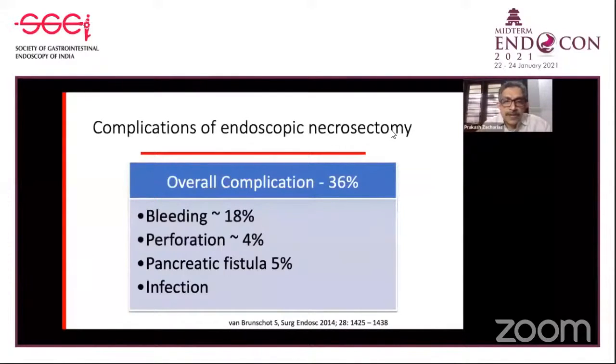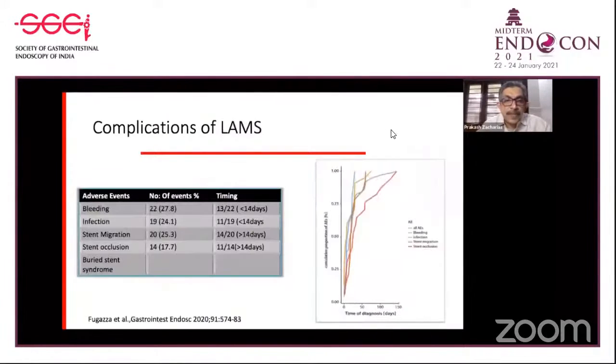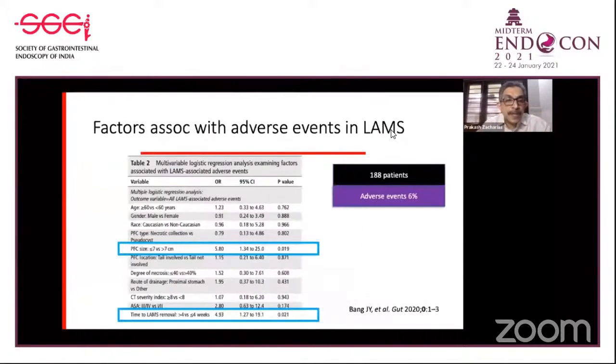The complications of necrosectomy include bleeding, perforation, pancreatic fistula, or infection. The overall complication rate has been documented as 36%. The complications happen when the stent is placed for more than 4 weeks, and if it is more than 14 days, then the risk increases.